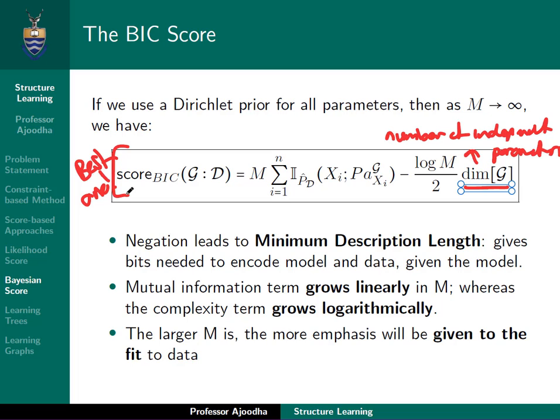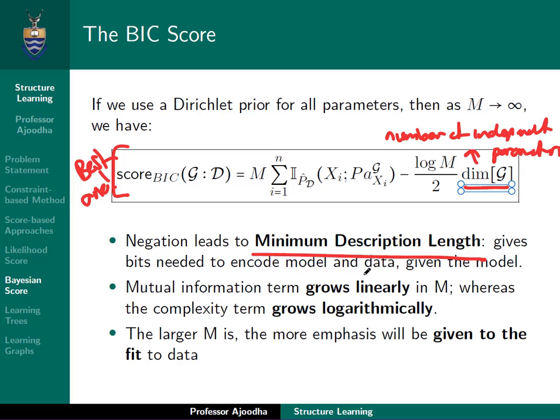If you negate this equation, you get something called the minimum description length. It's very much used in coding, Shannon's principles, and so on. It has some benefits in information theory. So it's kind of the same score, you just negate it.